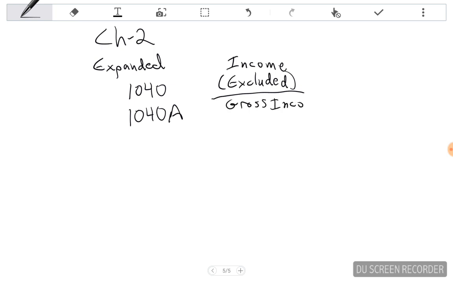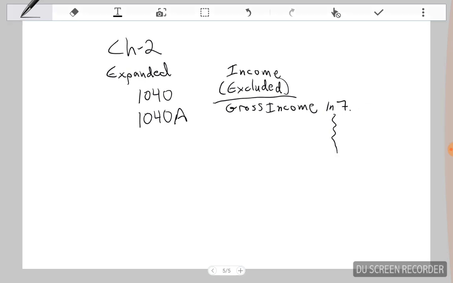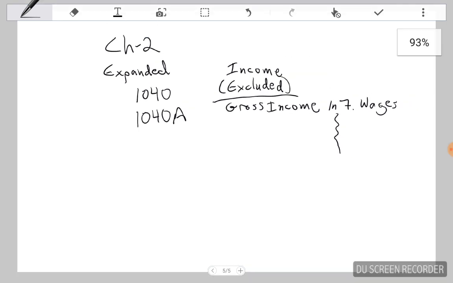So the gross income is actually what appears in the middle part of the 1040. You can actually see it begins on line 7. That's where it starts. And the first thing that it asks for on line 7, I believe, is your wages, like from an employee, or like being an employee and collecting wages. That's the first thing that it asks for in the gross income section.